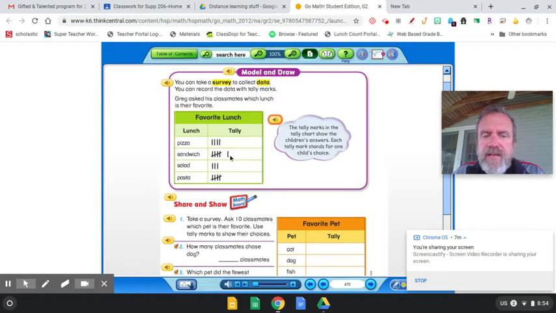So if we look at this, how would we figure out how many kids are in that class, or how many kids answered the question? What do you think? Sophia, what do you think? Right, we would count those up. Nice work. So let's go ahead. We have 4.